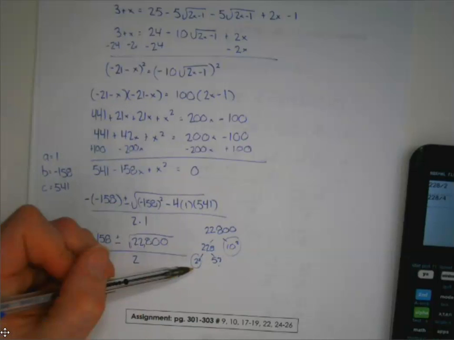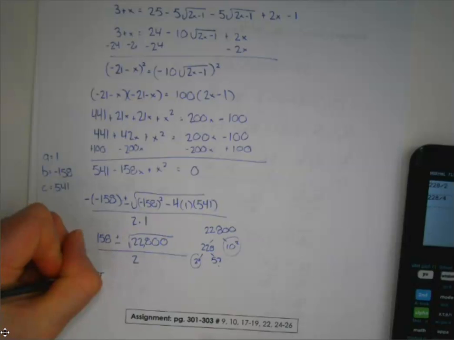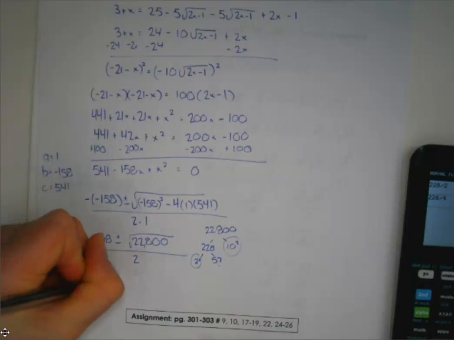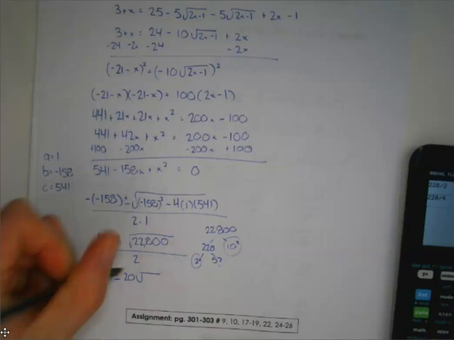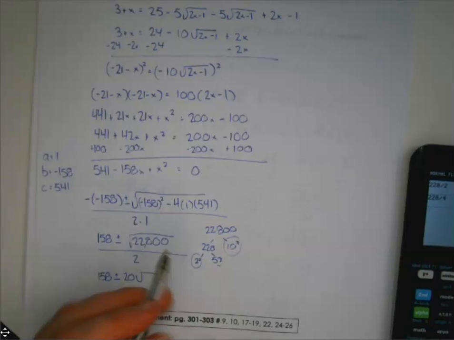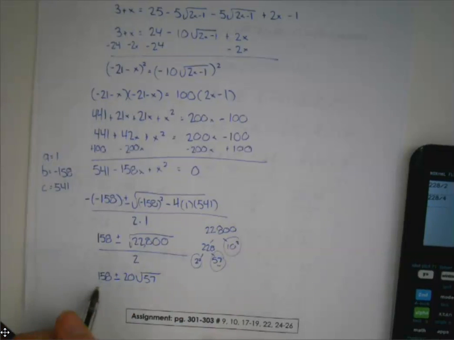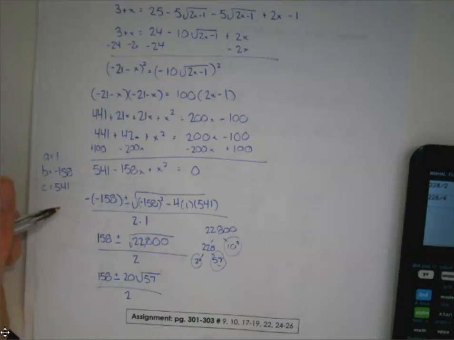So basically the 10 and the 2, and when we multiply that together, that's going to be 20. So we're going to have 158 plus or minus 10 times 2, which is 20, times root 57, which will be our remaining value here that we couldn't factor any further. And then all of that is over 2.